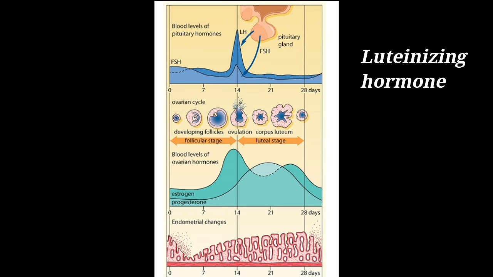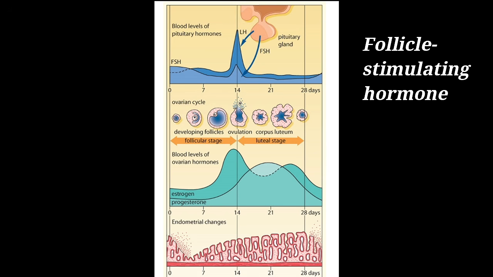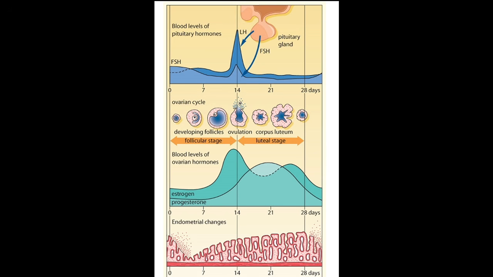Again, LH stands for luteinizing hormone, and FSH stands for follicle stimulating hormone. On the next part of the screen, you can see the ovarian cycle. Here we can see how an ovum or an egg cell develops starting from a follicle and then disintegrates into what we call a corpus luteum. We will be discussing that further later.